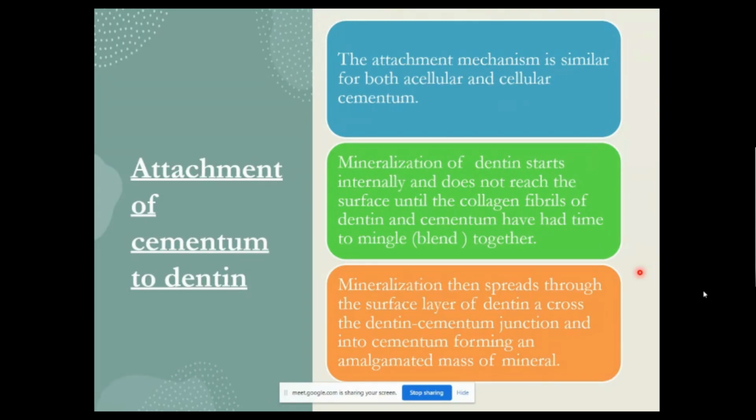So the meaning of this is that first the dentin is formed by the odontoblasts. Then there is a break of the Hertwig's epithelial root sheath, and the ectomesenchyme comes in contact with the dentin, and that's when it becomes cementoblast and forms cementum on top of the dentin. So the mineralization will already have begun within the dentin as soon as it's formed.